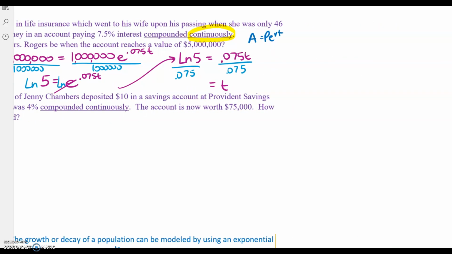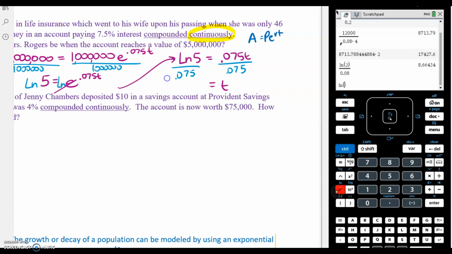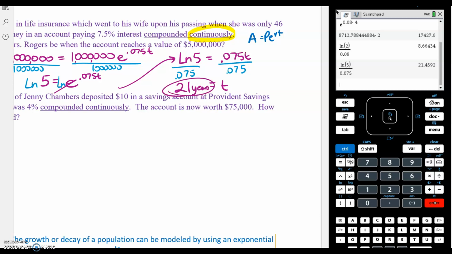So let's get our calculators. Okay, so about 21 years. That's how long it will take it to multiply times 5.